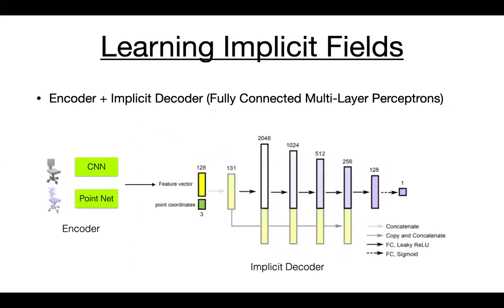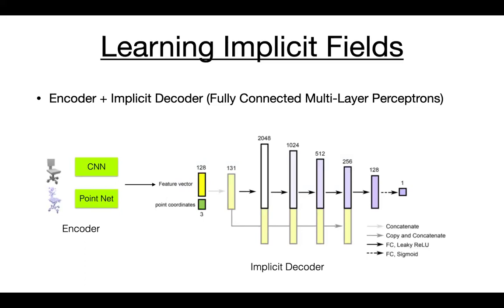And this is the architecture of the second paper, Learning Implicit Fields. It's very similar because it also has an encoder, but it's a different type of encoder, and the architecture of the head is a little bit different. You either start with an image or a point set, and to create a feature vector, if it's an image you use a CNN, if it's a point set you use a PointNet, and it creates this feature vector of size 128.